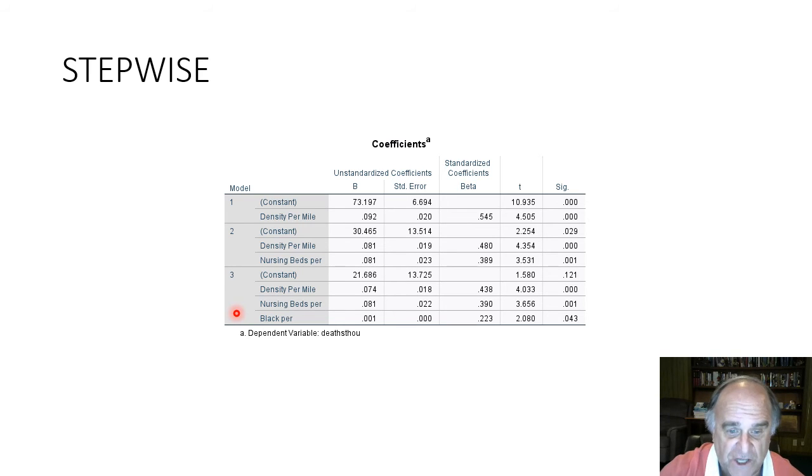And that variable is still significant. And here's our B value, and here's our beta, and our significance level. So you can see for the stepwise, it's going through 3 steps. Now, in this case, we don't have a fourth variable. If there was a fourth variable and it didn't result in a significant R-squared change, then SPSS would not add it. The fourth variable would not be added into this stepwise regression.